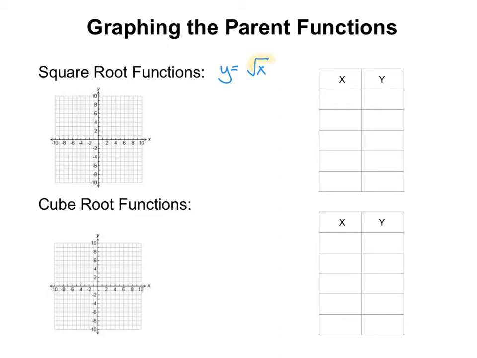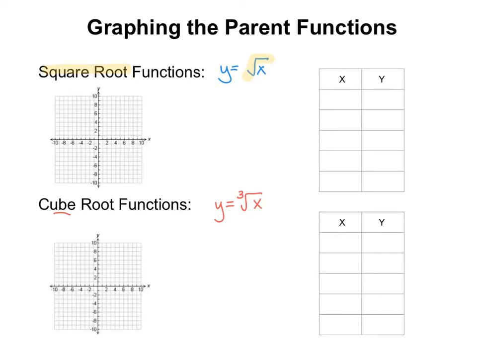Anytime you see a square root right here, you will say that is part of the square root family. And we'll see what that looks like when we graph it in just a minute. When you have a cube root function, it's going to be very similar, except instead of the square root, it's going to be a cube root, to the 1/3 power right here.